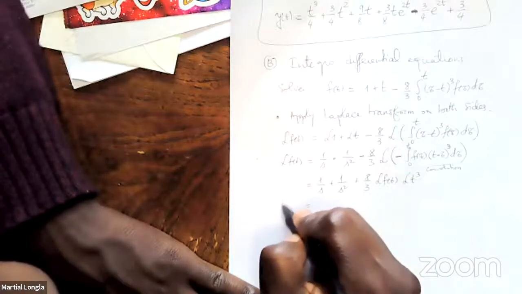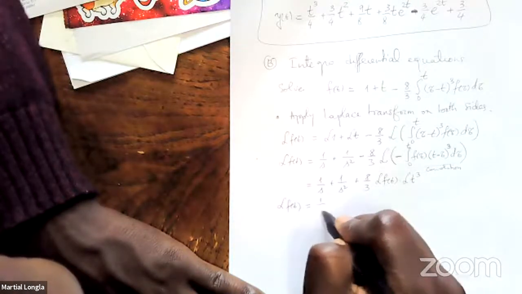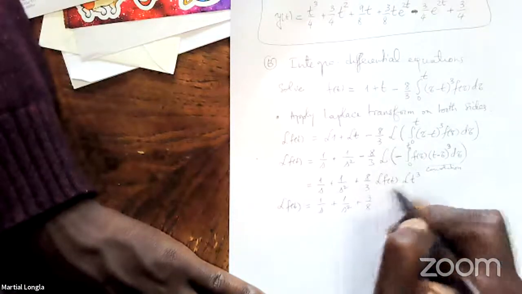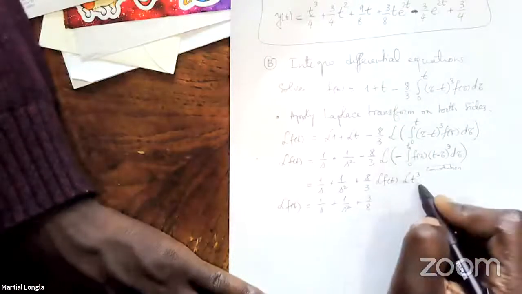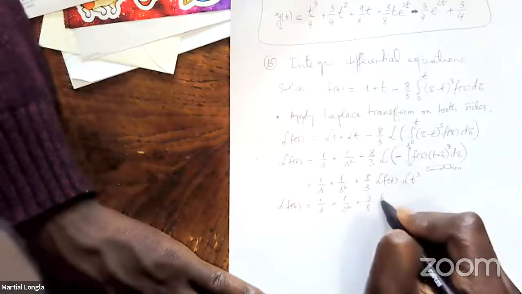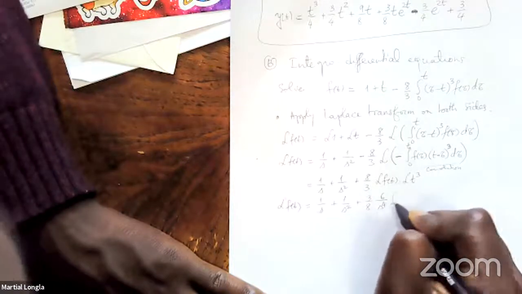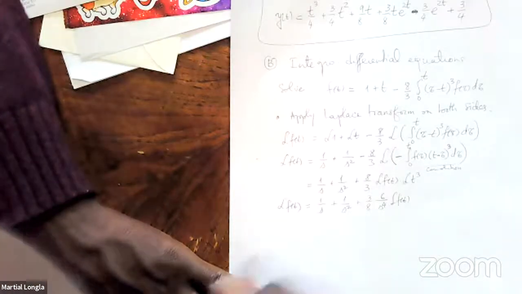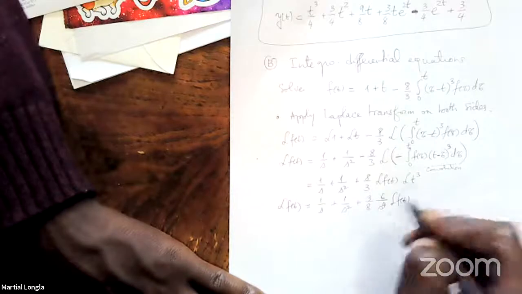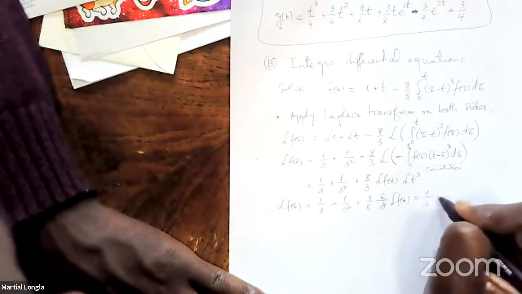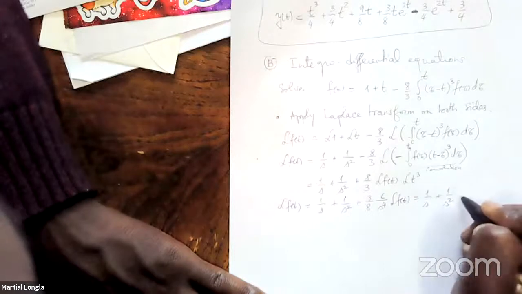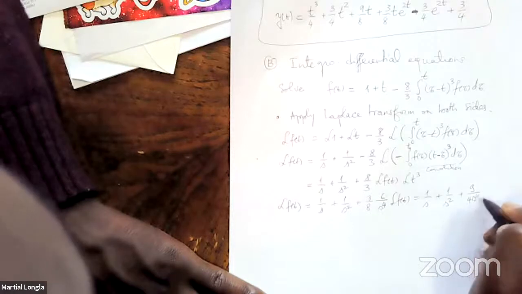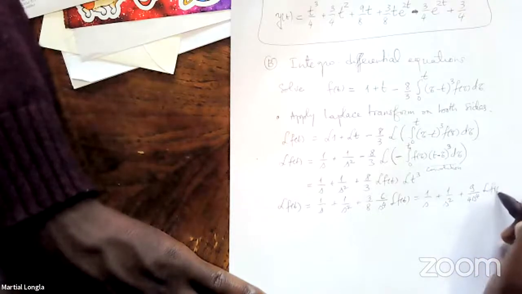And so Laplace transform of f of t equals 1 over s, 1 over s squared plus 3/8. And Laplace transform of t cubed is 6 over s to the fourth Laplace transform of f of t. And now 2 can cancel here. That's 1 over s, that's 1 over s squared plus 9 over 4 s to the fourth Laplace transform of f of t.